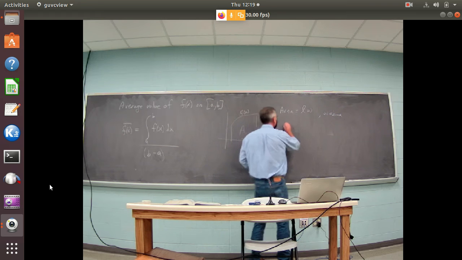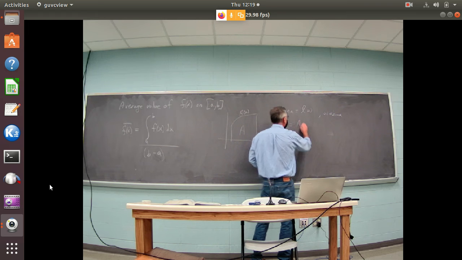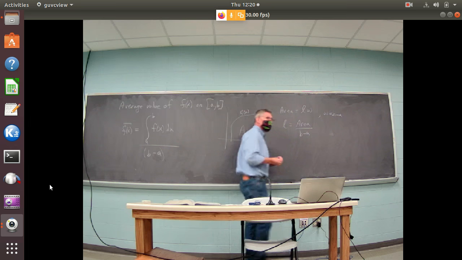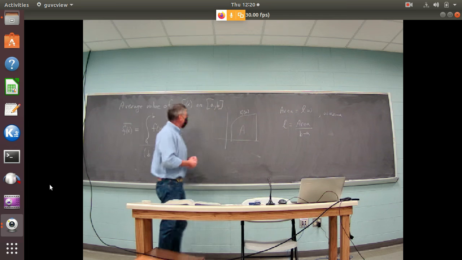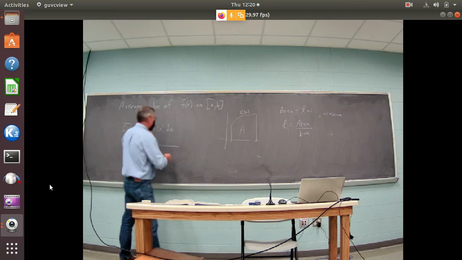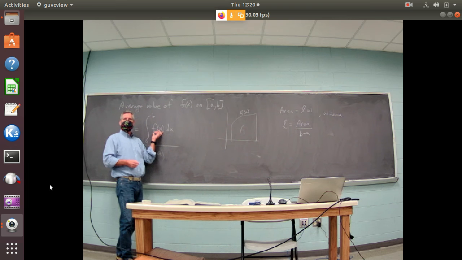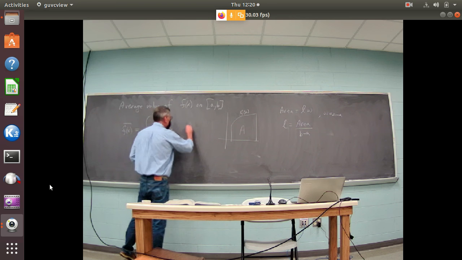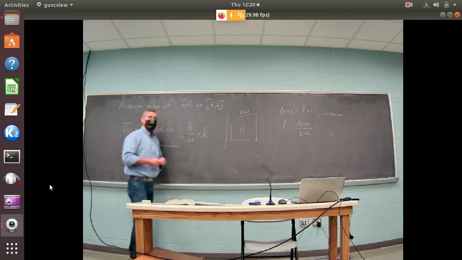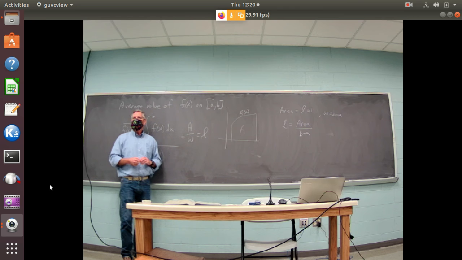Well, length then is my area divided by b minus a. Okay, so the numerator is my area. Then I'm dividing by the width here, right? So I've got this area divided by the width. Well, that gives me a length or a height of a rectangular area.